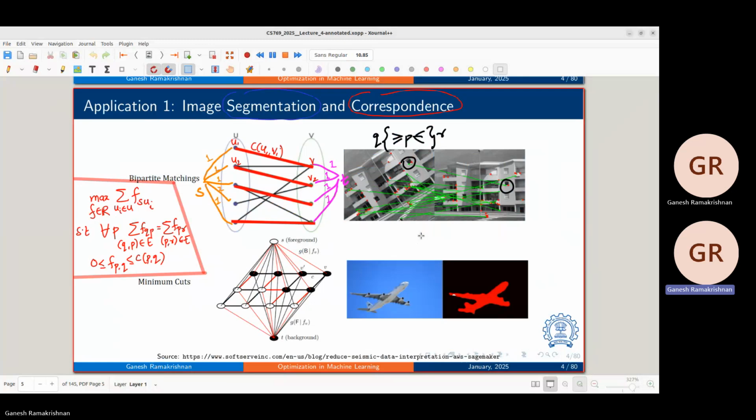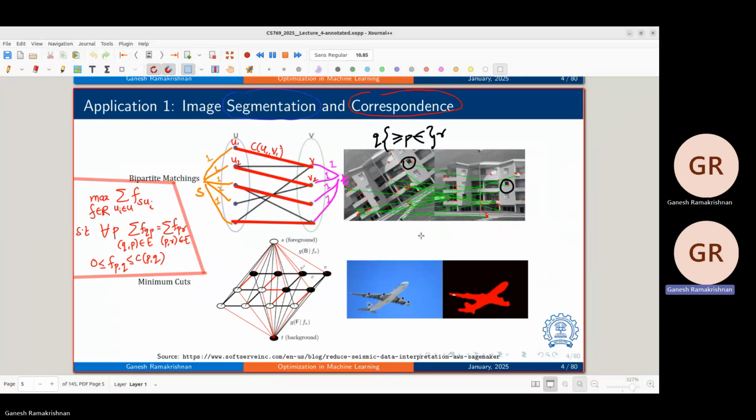How does it help solve the problem? The more the capacity, the more flow can go from this artificial source node to this artificial sink node. All this makes sense only when I have some constraints.